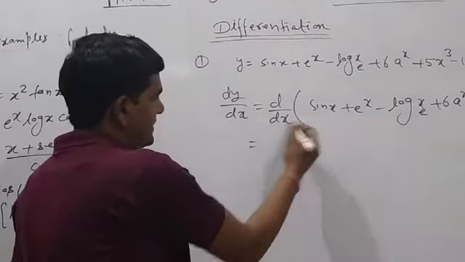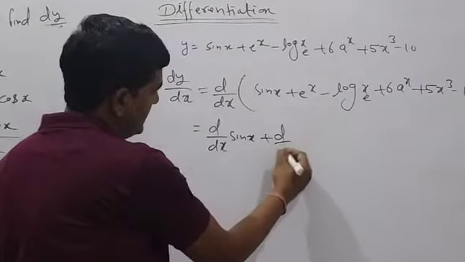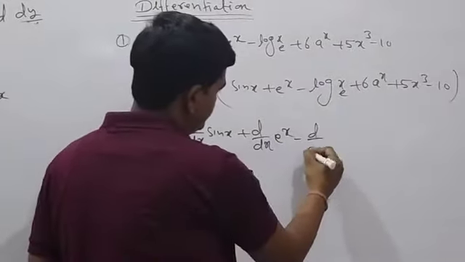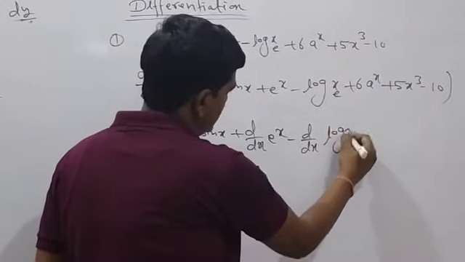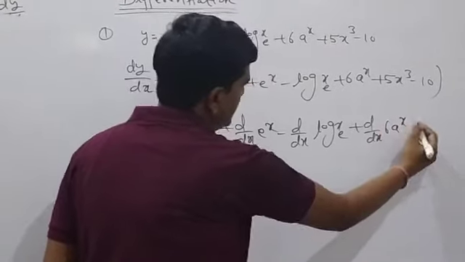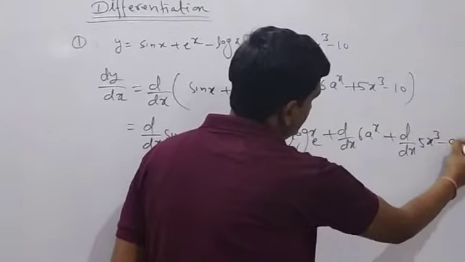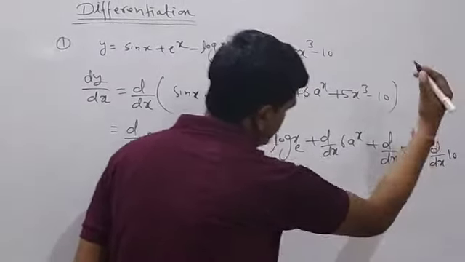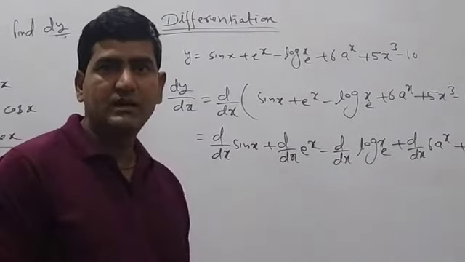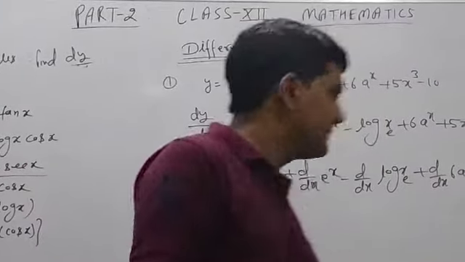It means here d by dx of sin x and d by dx of e power x minus d by dx of log of x base e, d by dx of 6 into a power x and d by dx of 5 into x cube minus d by dx of 10. Clear? Now put the formula. If you have learned it, fine, otherwise open your copy, because in the first video I gave so many formulas.